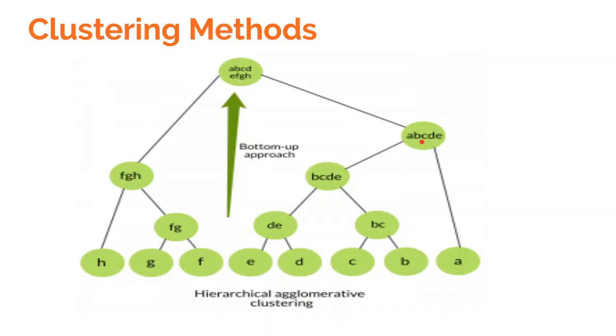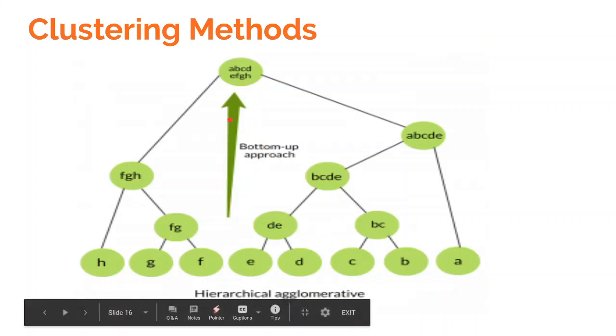And at the final level, FGH and ABCDE clusters are merged together to form a whole single cluster which contains ABCDEFGH data. So this is hierarchical agglomerative clustering which follows bottom-up approach while making different clusters.